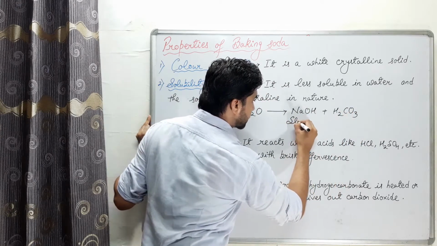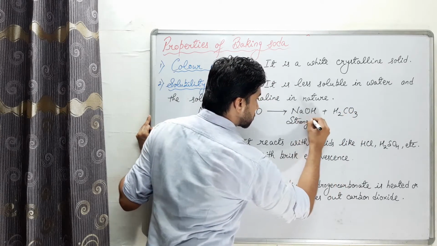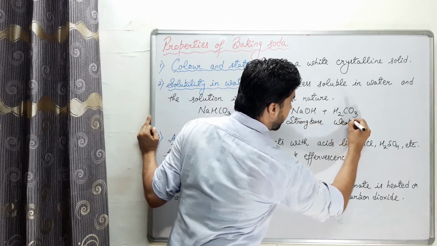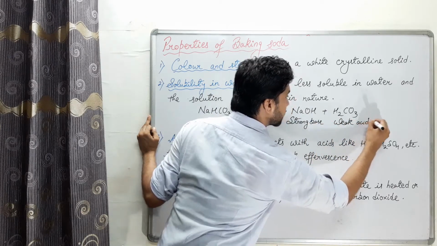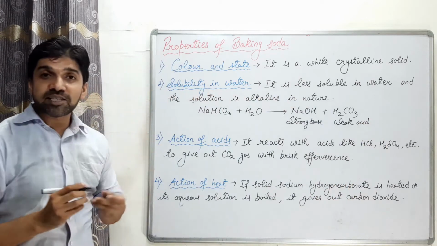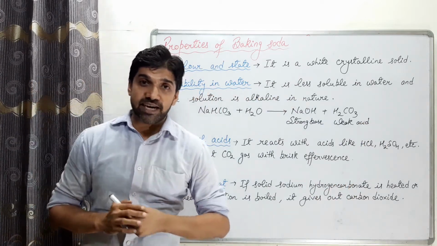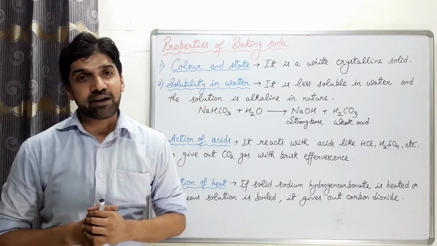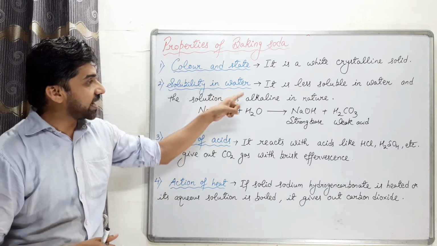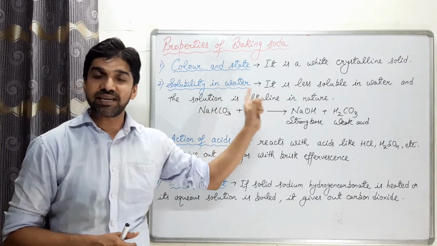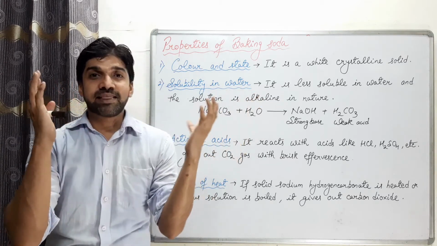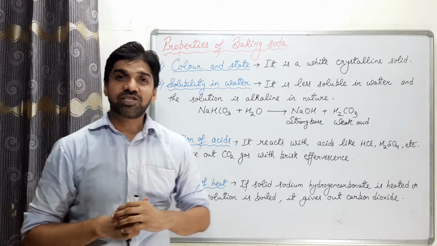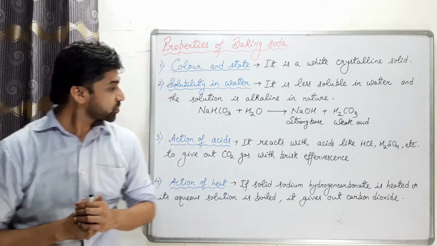This is the strong base, and this is the weak acid. So because of formation of strong base sodium hydroxide, the solution of baking soda in water is alkaline in nature, basic in nature. Same in the case of washing soda. It is also alkaline in nature when dissolved in water.